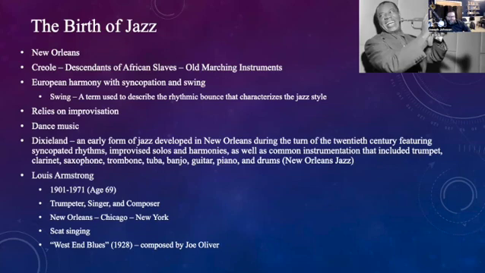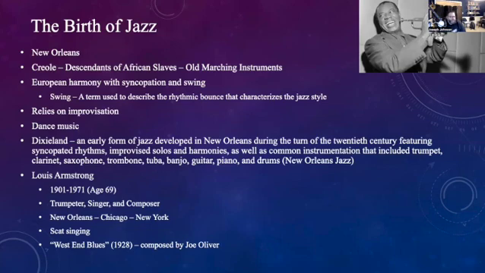At first it was written for dance music. You had Dixieland bands. That was the first form of jazz, and that was developed in New Orleans during the 20th century.